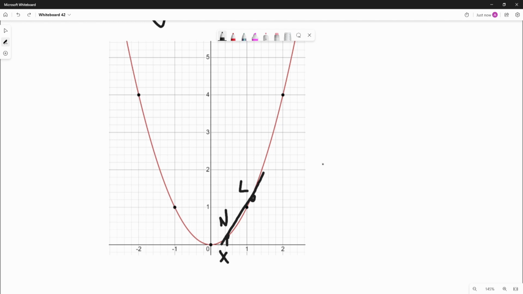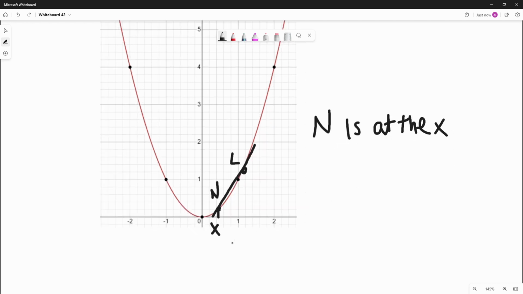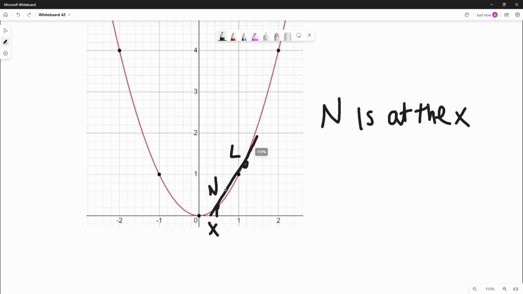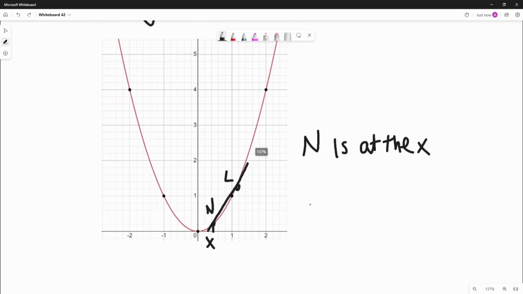So N is at the coordinate x, and L is just a little bit further along, at x plus a tiny bit more.